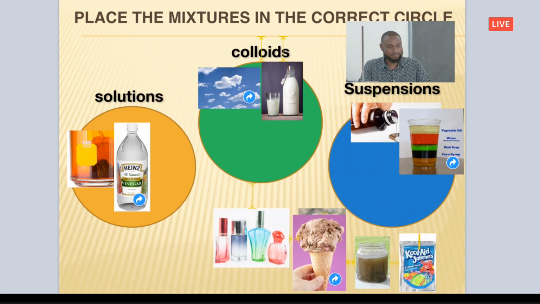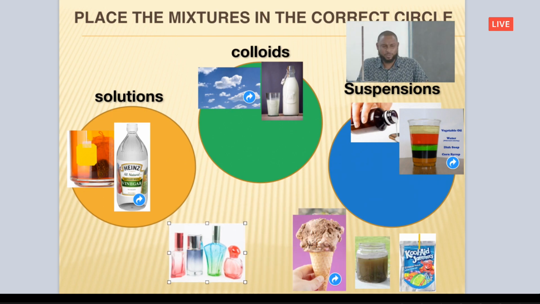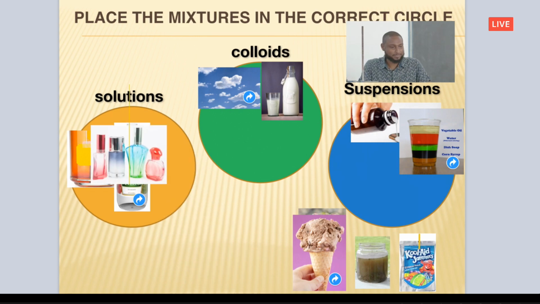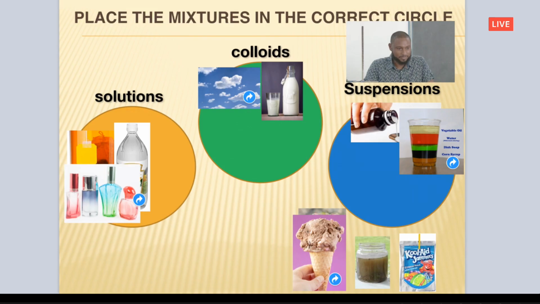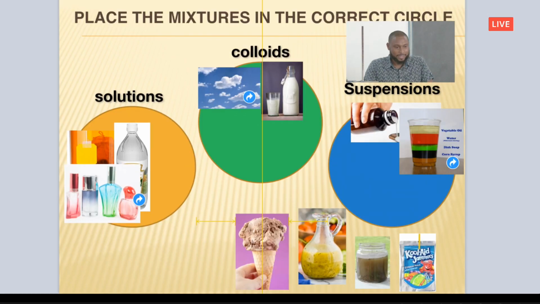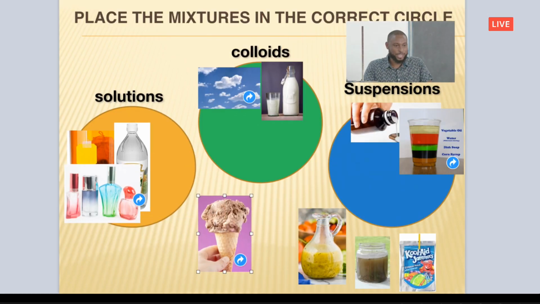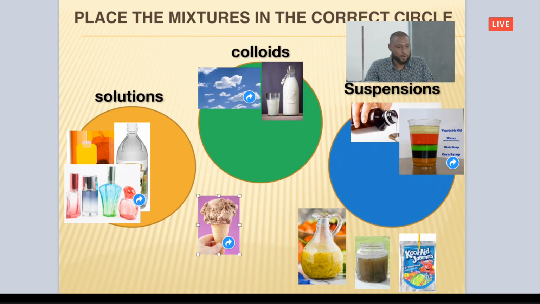Then we have perfume. Perfumes are solutions. That's a pretty easy one. Let's see what we have next. Ice cream. Ice creams are nice. Again, really hungry. So ice creams are also mixtures. And in this case, it's a colloid.